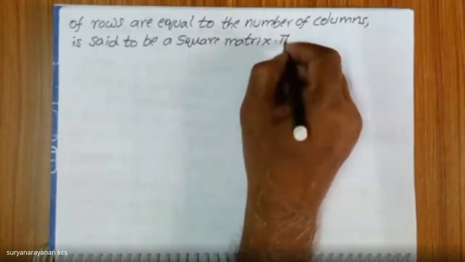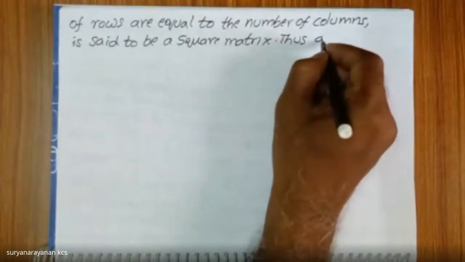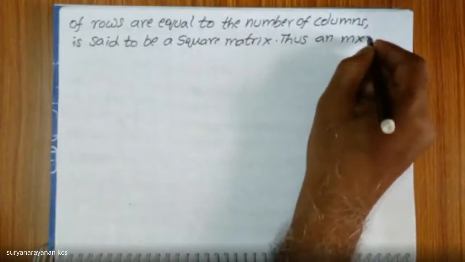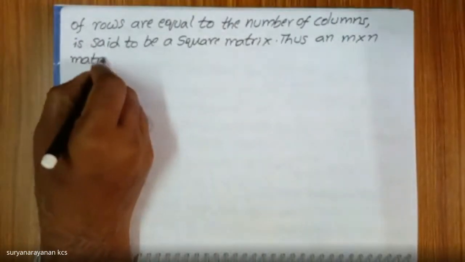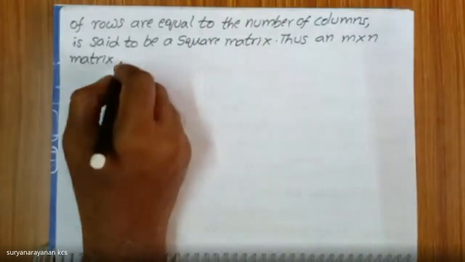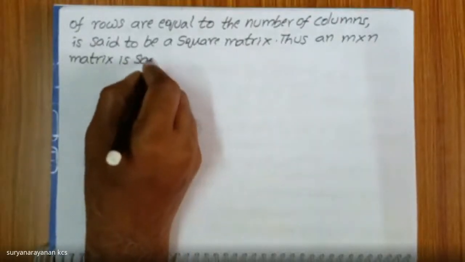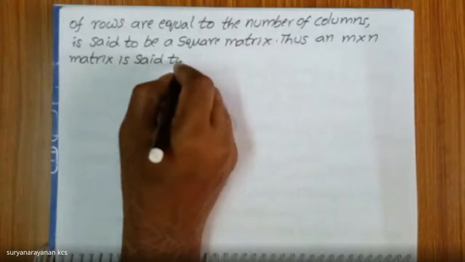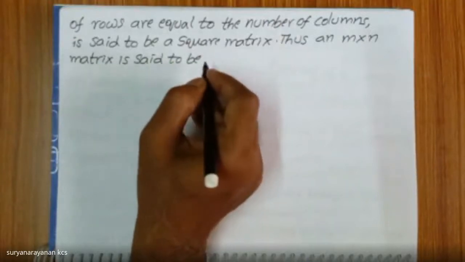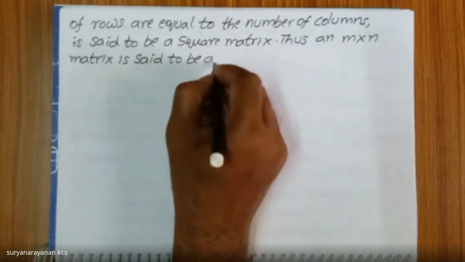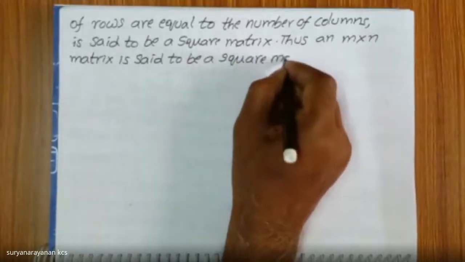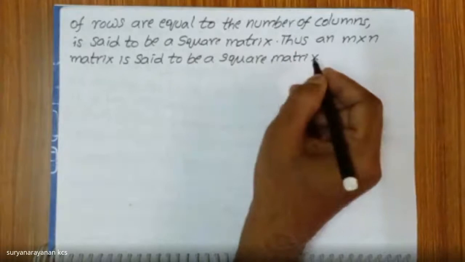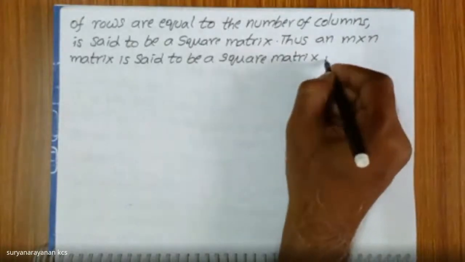Thus, an m by n matrix is said to be a square matrix if m is equal to n.